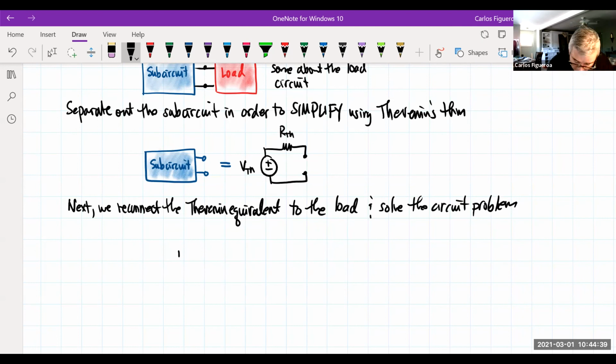So I literally come in here and reattach the load now.